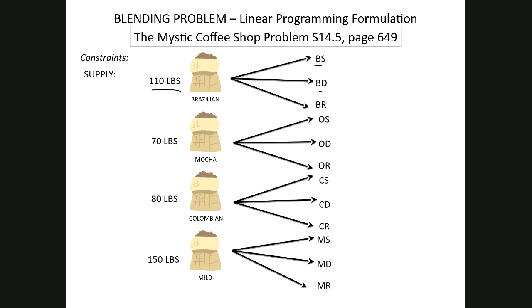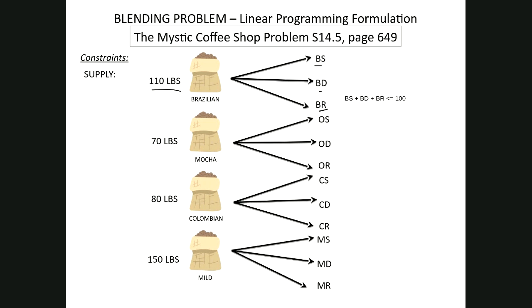And so our supply constraint for the Brazilian, as you might imagine, is going to be that the total amount of Brazilian that goes in is the Brazilian that goes into the special, plus Brazilian that goes into the dark, plus the Brazilian that goes into the regular. And that's going to be less than or equal to the supply of Brazilian. And as you might expect, you'll have similar constraints for the mocha, for the Colombian, and the mild.